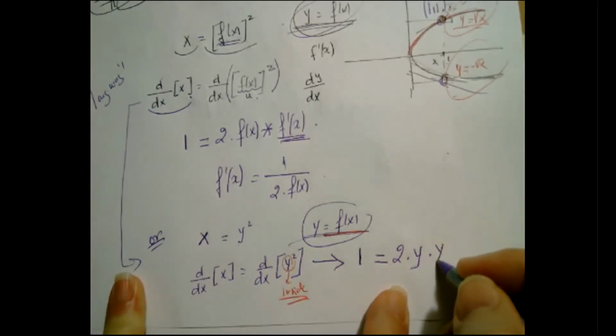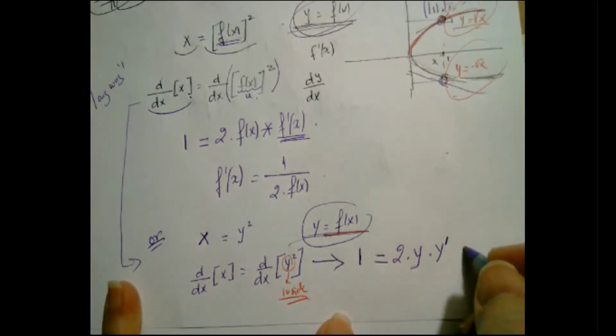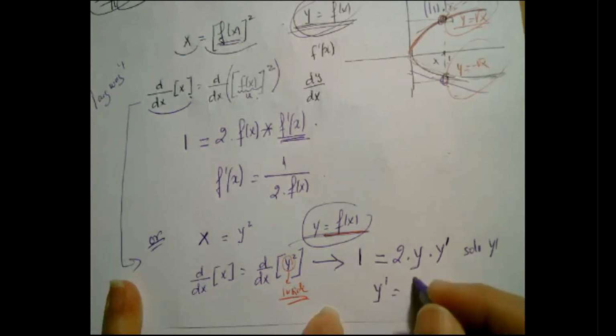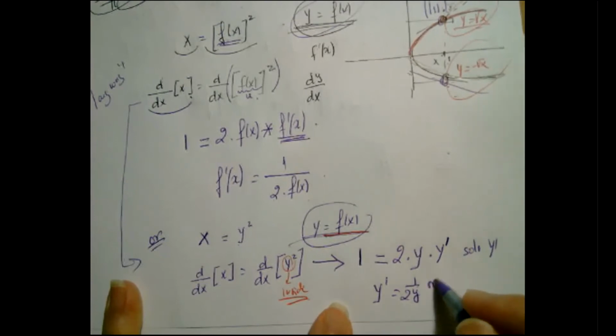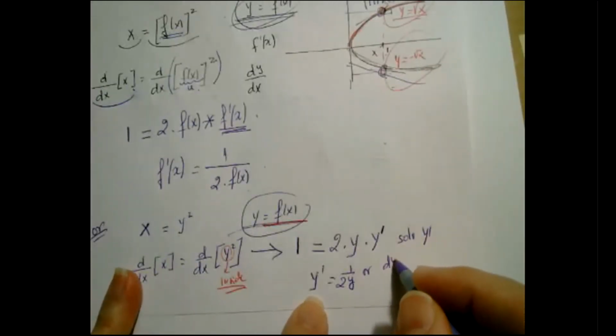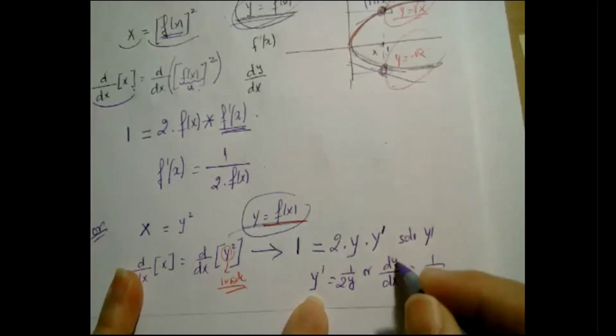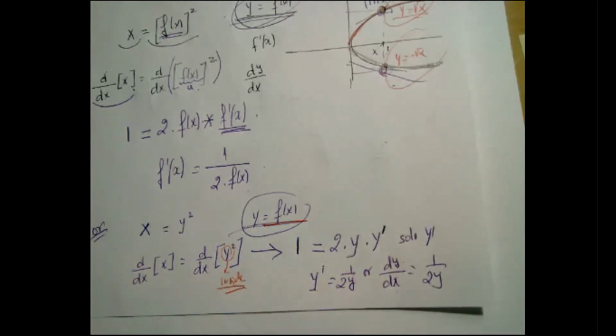You can write it dy dx, or you can write it y prime. And now I solve for y prime. That will give me y prime equals 1 over 2y. Or if you want, dy dx is 1 over 2y. Remember, dy dx is a notation for y prime. It's the change of y over the change in x.